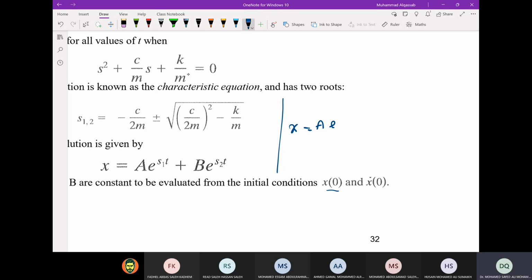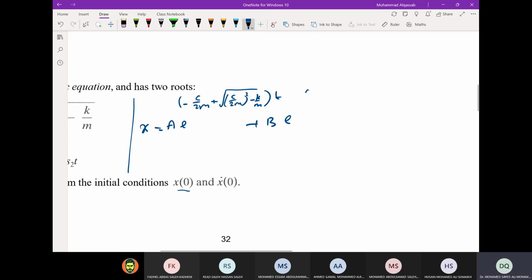Okay, so e to power minus c over 2m plus the square root of (c over 2m) squared minus k over m, multiplied by t, plus B times e to power minus c over 2m minus the square root of (c over 2m) squared minus k over m.